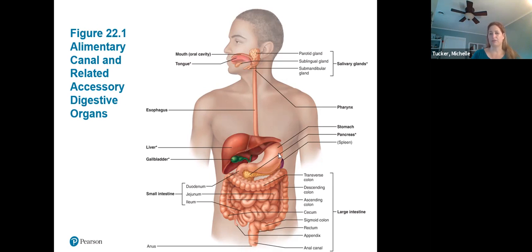We'll stop our lecture today at the stomach, and then stomach goes into small intestine, large intestine, and then food waste is excreted. This also shows the accessory organs of pancreas, the liver, the gallbladder. This is the focus of lab next week, will be the digestive system, so that will work out nicely.